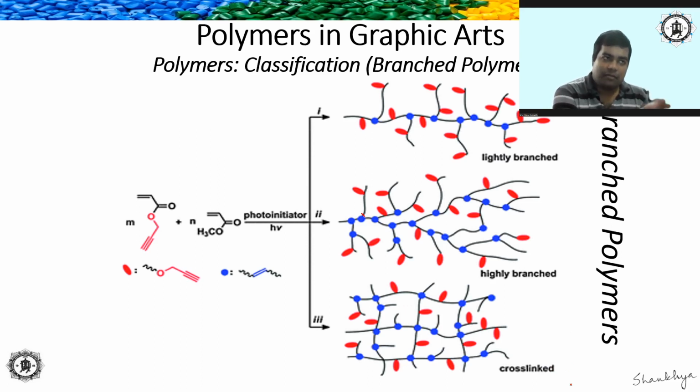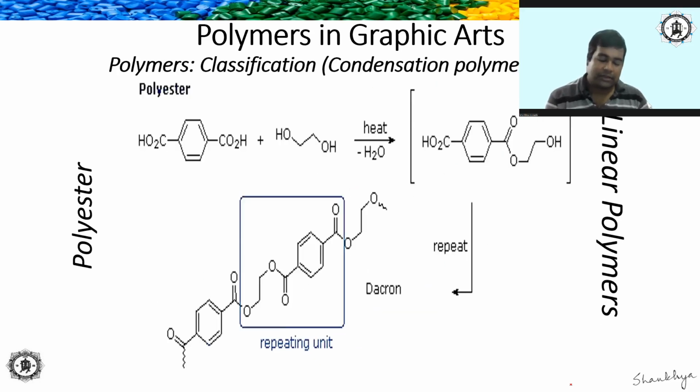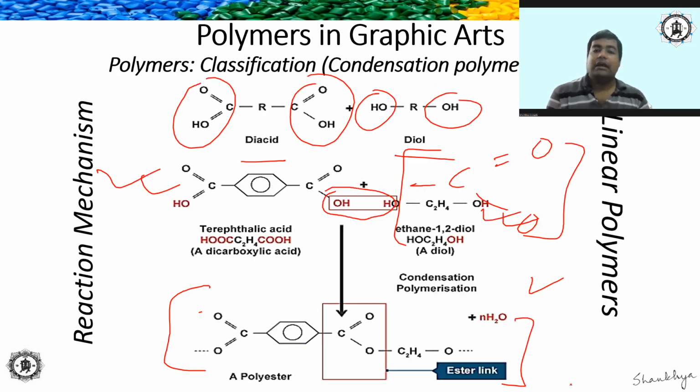The paint that normally you see in your home, these types of wall paints, are highly branched. Even our offset printing inks have this branched structure, because in our offset resin preparation we use highly branched alcohols.